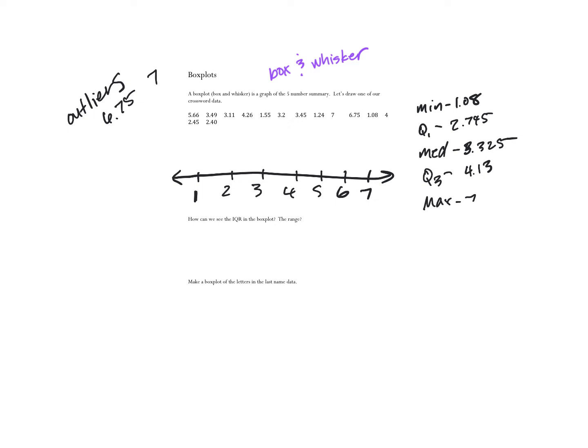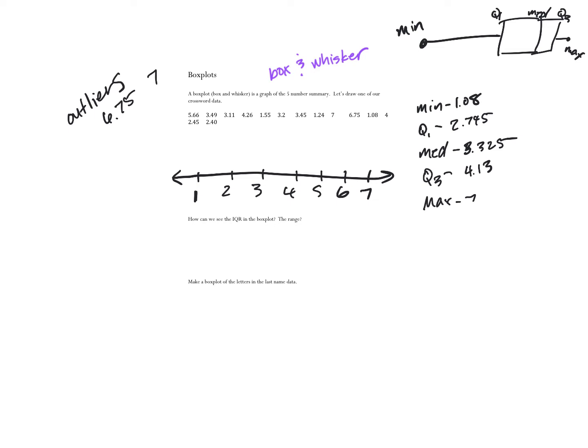A box plot has essentially 5 numbers to it. You have, this one's going to be your minimum. This line is going to be your Q1, your median, your Q3, and then your max. It is essentially a graph of that 5-number summary we just found.